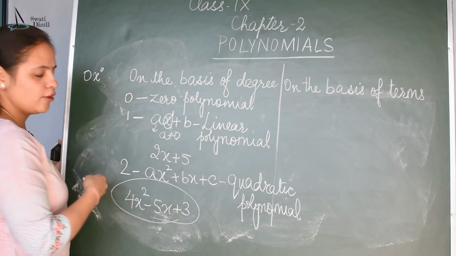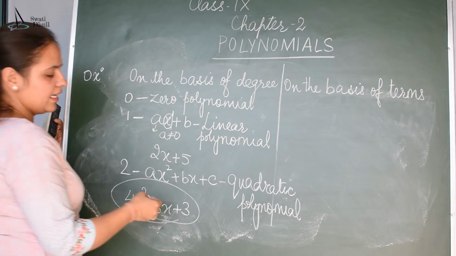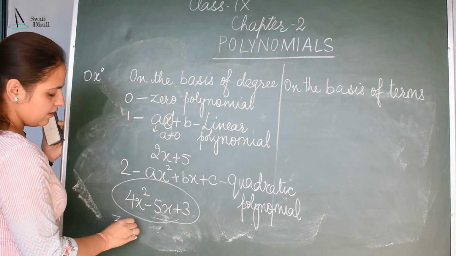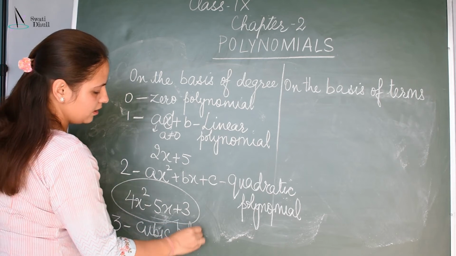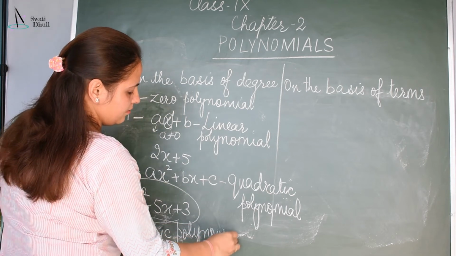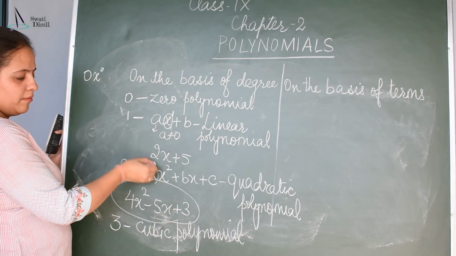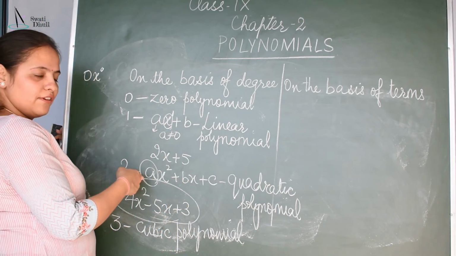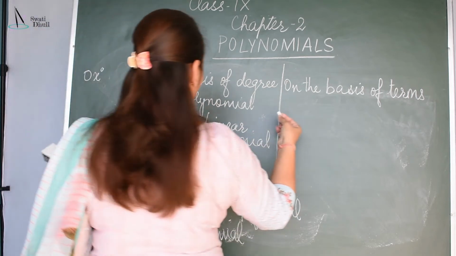It is again a polynomial, but a quadratic polynomial. In a quadratic polynomial, a can never be 0, because then it would become a linear polynomial. When the degree is 3, it is known as a cubic polynomial.